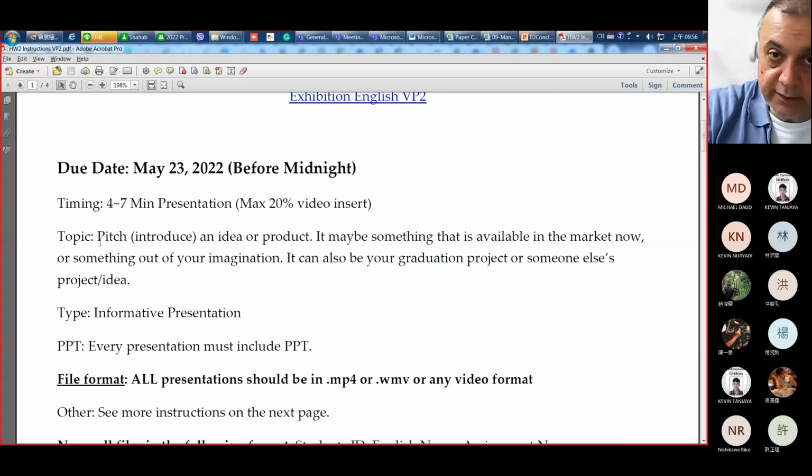Again, like I said, if any of you have to do any kind of project that needs to be presented in a display, because this is about exhibition English, right?